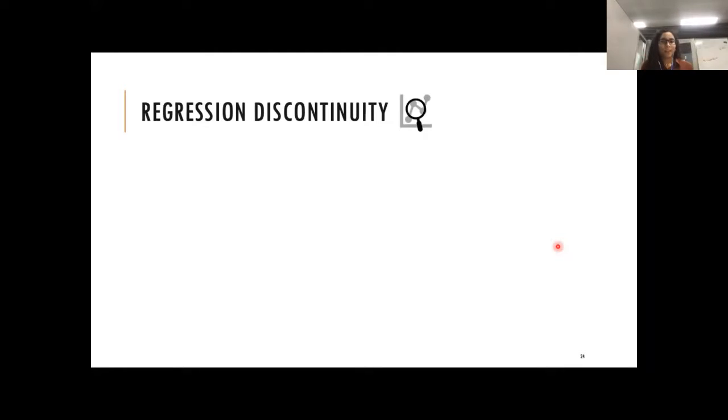And the last method that we want to discuss is regression discontinuity. This is based on a selection criteria. If our assignment into treatment and control group is the result of an indicator, for example income, and we decide that those who are below the poverty line are going to get the treatment, we have a cutoff point at $2.